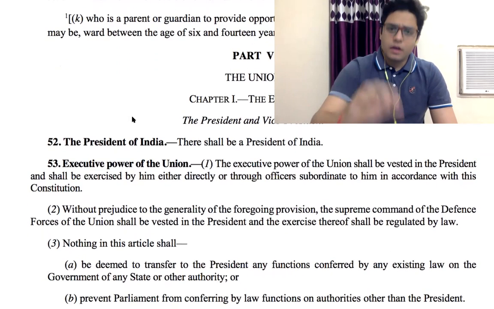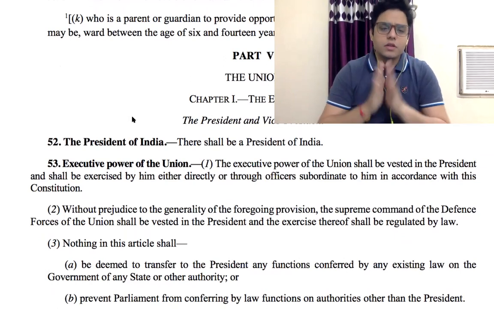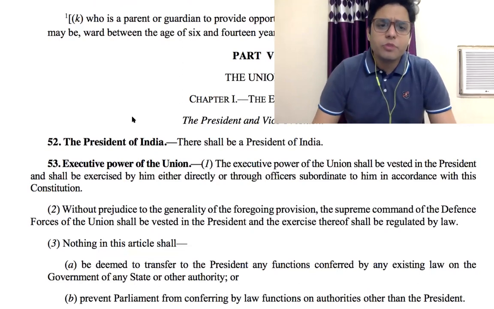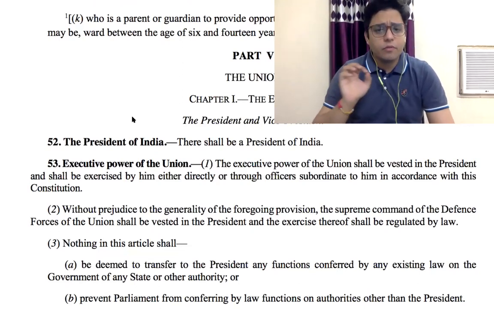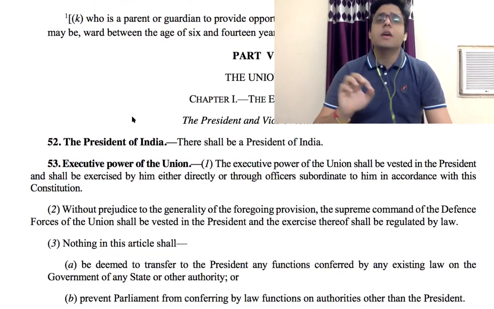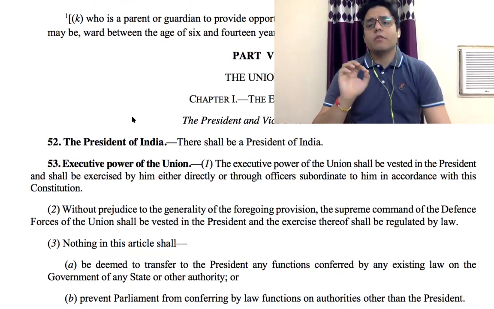I will keep explaining the provision. For now, just read and understand it. Sub-article 2: Without prejudice to the generality of the foregoing provision, the supreme command of the defense forces of the Union shall be vested in the President, and the exercise thereof shall be regulated by law.